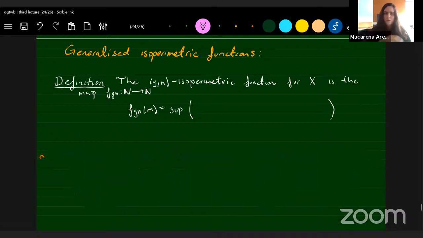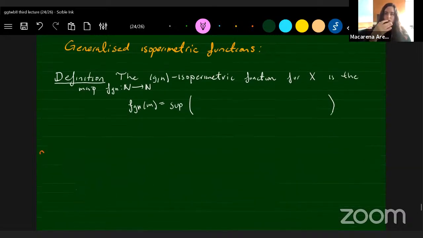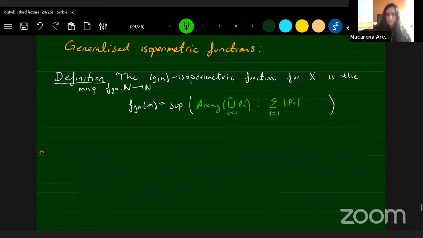Okay, so now we can define generalized isoperimetric functions. So the Gn isoperimetric function for a complex X is going to be the following map. It's the supremum over all G areas of collections of paths such that the sum over the lengths of these paths is exactly m.